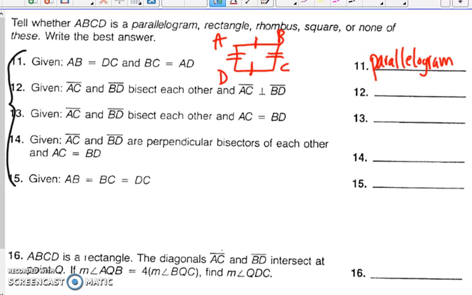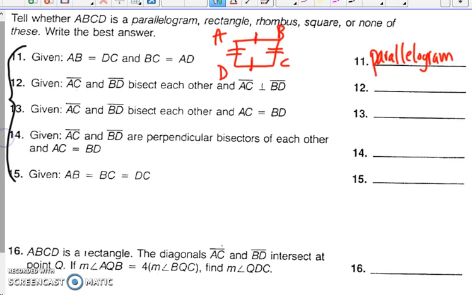Could it be a rectangle? Yes, but we don't know that the angles are congruent. Could it be a square? Yes, but we don't know that all the sides are congruent. Move down to number 12 here. Again, I draw a picture. I'll draw it down here.